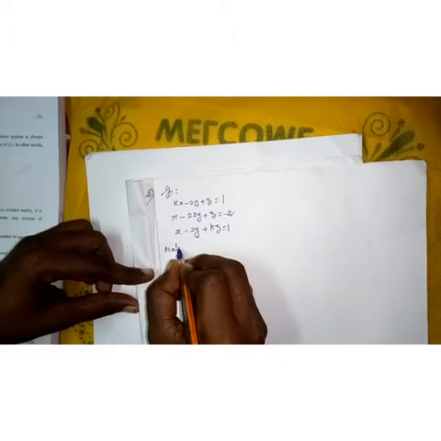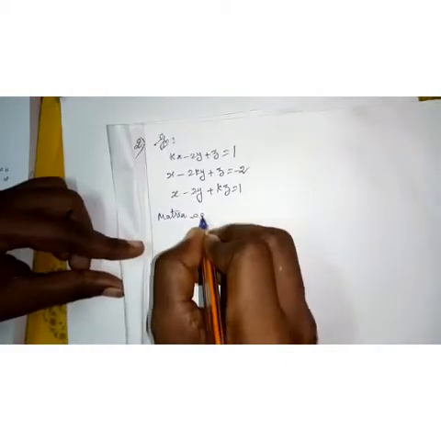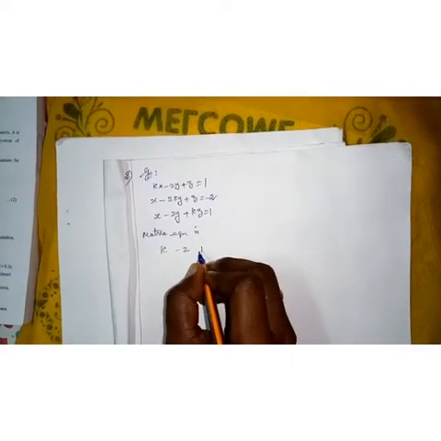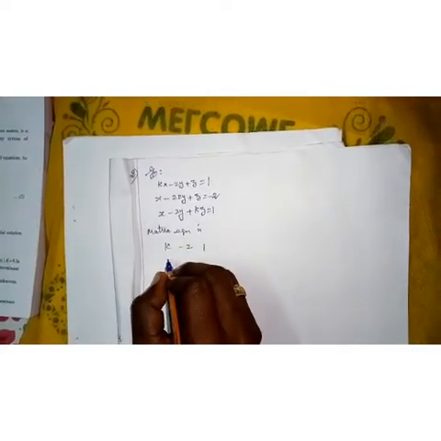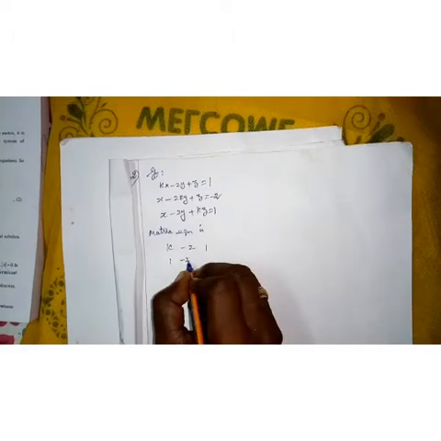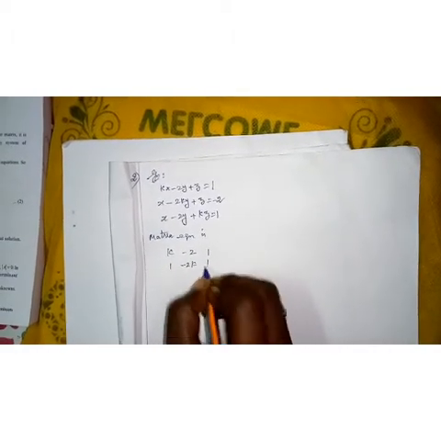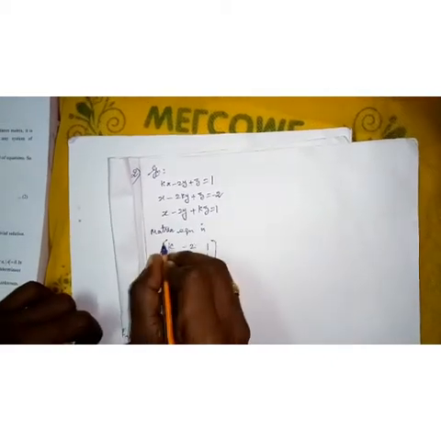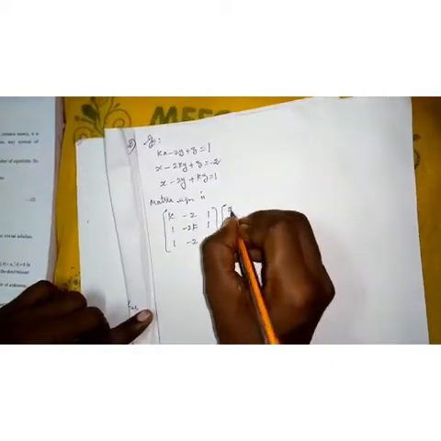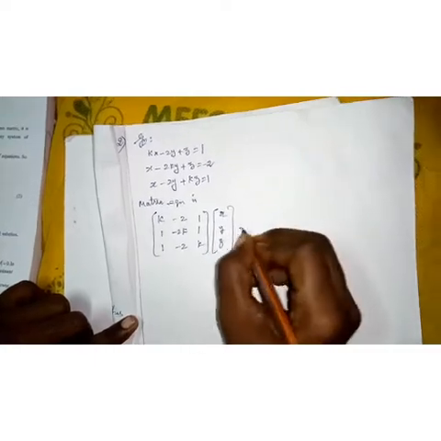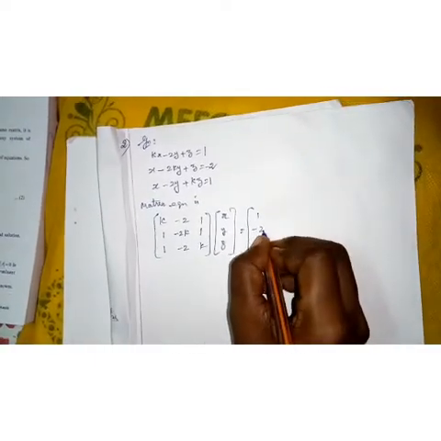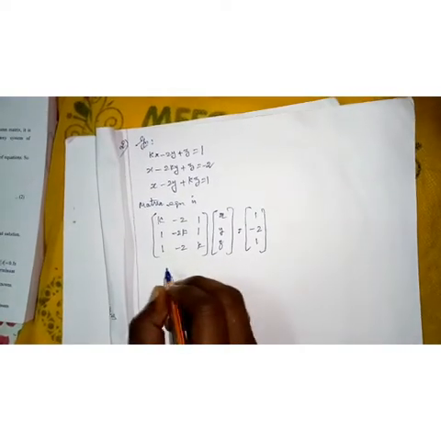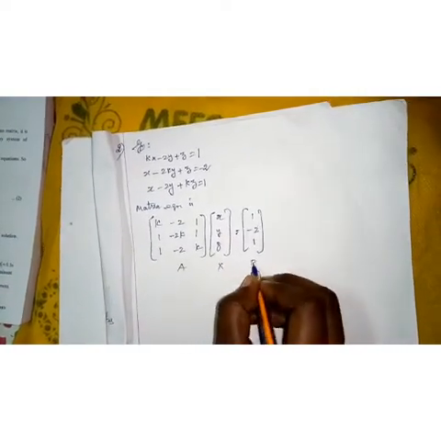The matrix equation is k, minus 2, 1; next 1, minus 2k, 1; next 1, minus 2, k; then x, y, z; equal to 1, minus 2, 1. That is AX equal to B.